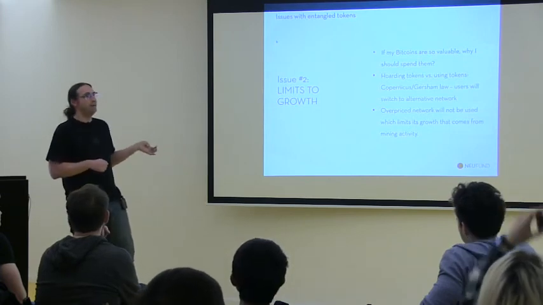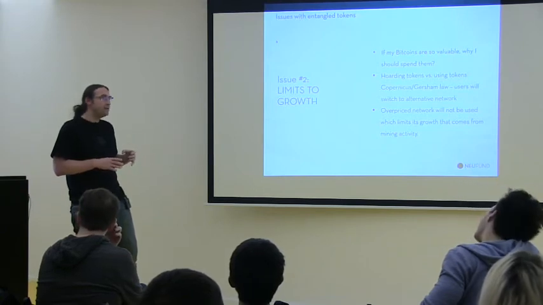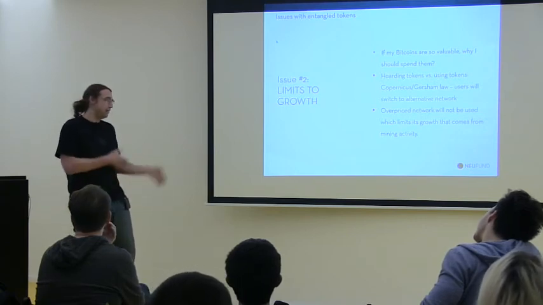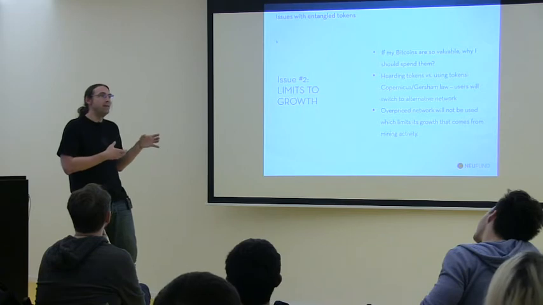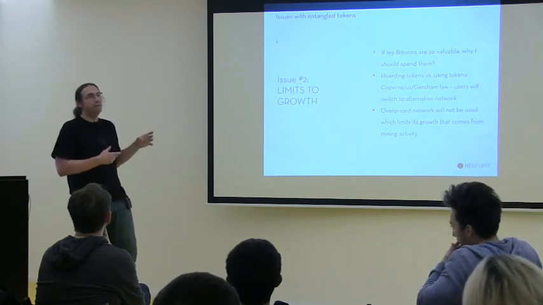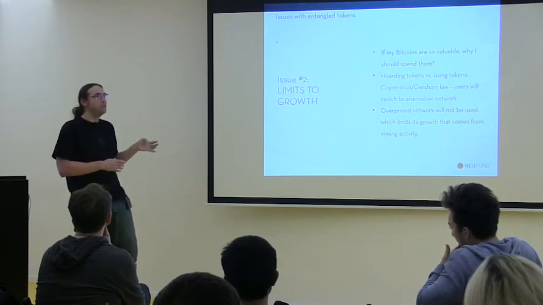But let's say you have another type of network that has some other usage, let's say file storage or something like that, and you have a lot of investors who pump the price of the token up, and then people stop using it because the price is too high. If you have this token, you will not sell it because you think it is a good value, and the consumer will not use it.